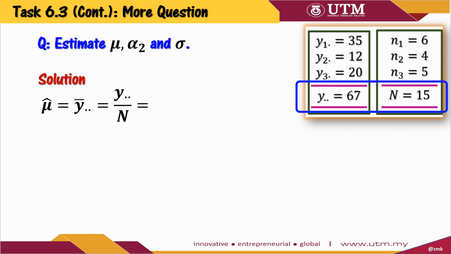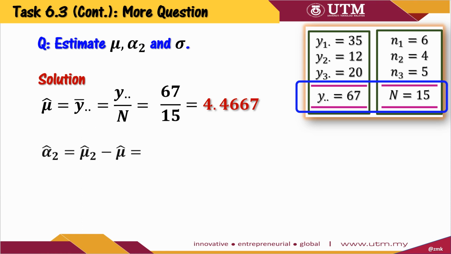Therefore, the estimated grand mean is simply 67 divided by 15, giving you a value of 4.4667.